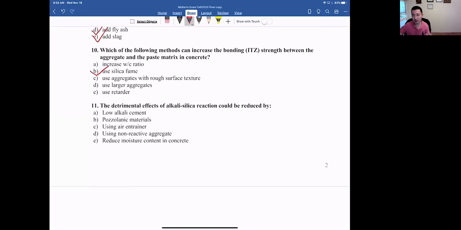So always use silica fume in high strength concrete. C, use aggregate with rough surface texture. If we make the surface texture of aggregate rough, that will of course increase the bonding, the ITZ. So C is correct.